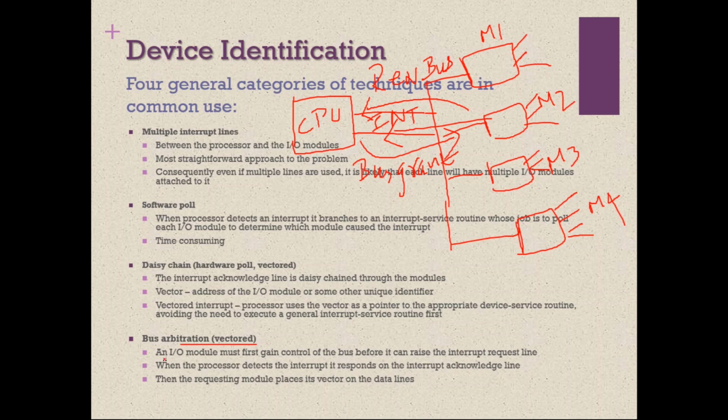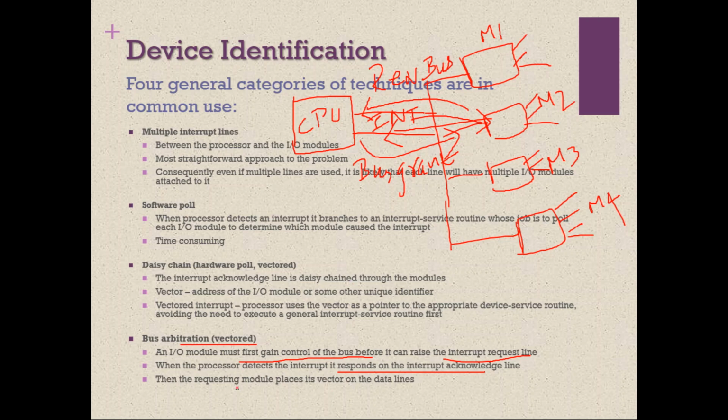So the technique says that an IO module must first gain control of the bus before it can raise the interrupt. When the processor detects the interrupt, it responds on the interrupt acknowledgement line. It sends an acknowledgement signal through the same line, and it knows which module has created the interrupt.